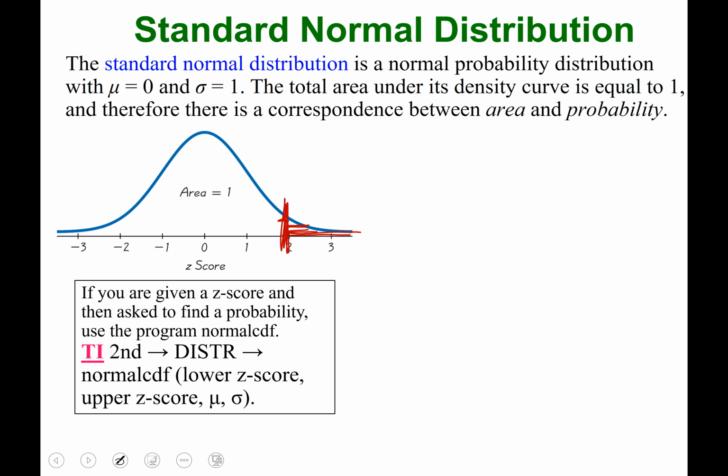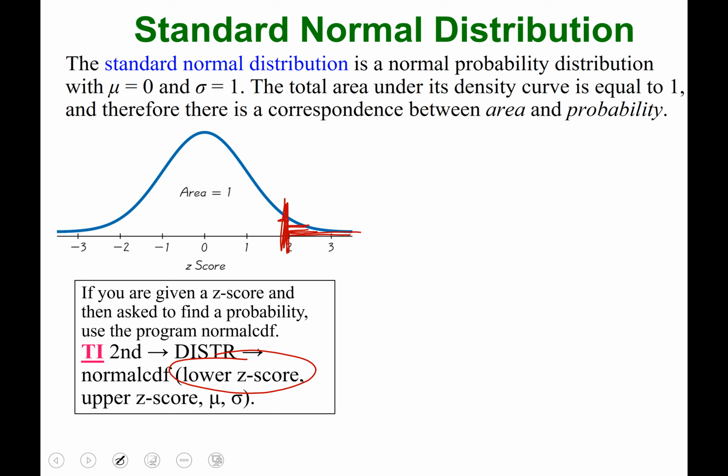Okay, you're going to run normal CDF if you are given a z-score, or maybe 2 z-scores, and it says find the probability between the two, and then you are asked to respond with the probability. So you'll find the area, and that will be the same as the probability. Normal CDF requires 4 inputs.